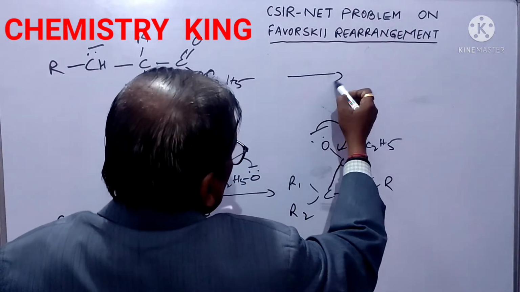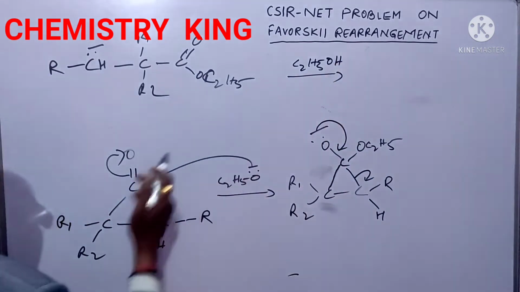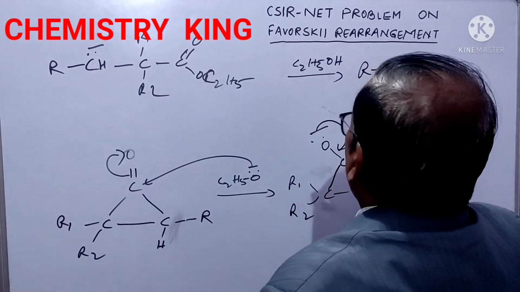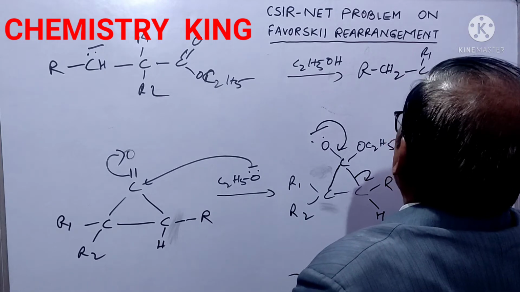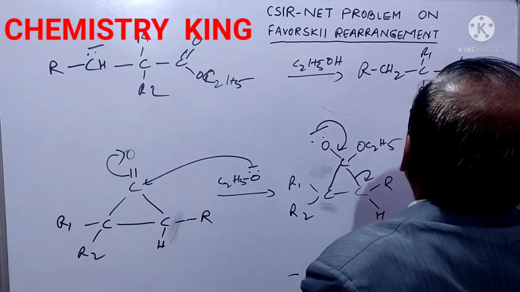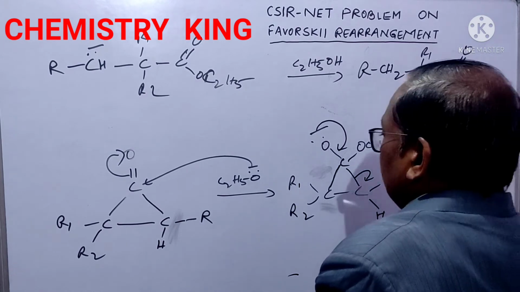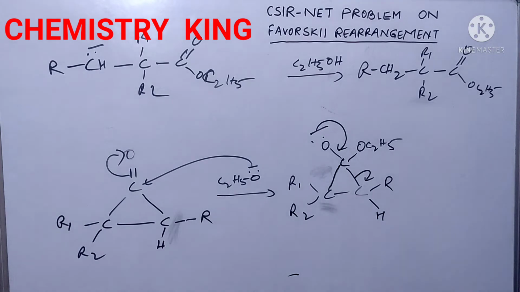Now from the ethyl alcohol, from the solvent, this H plus will come here, leading to this R CH2, C R1, R2, C double bond O, OC2H5. This ester is formed. This is all about the mechanism, we just recalled it here.